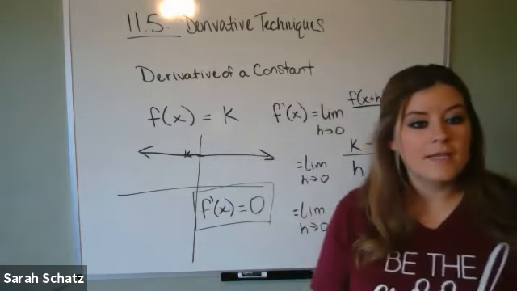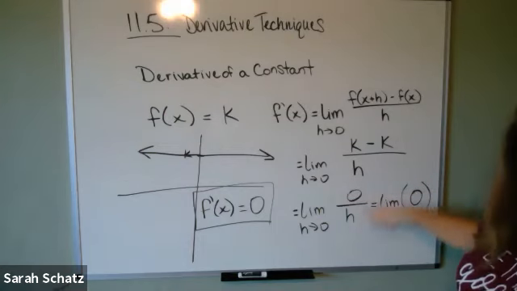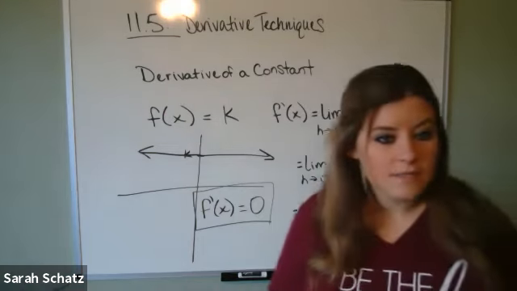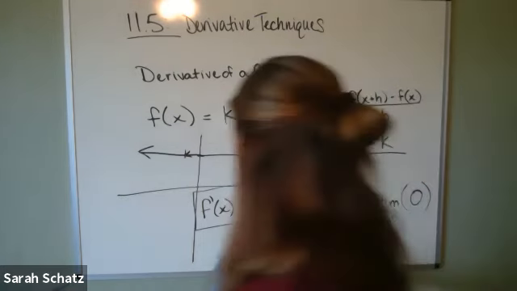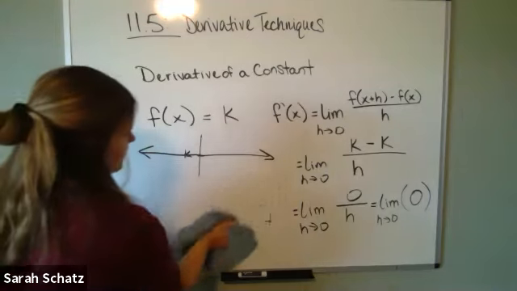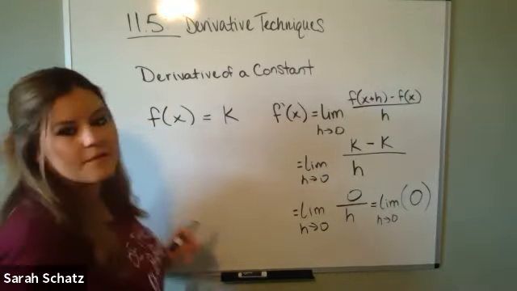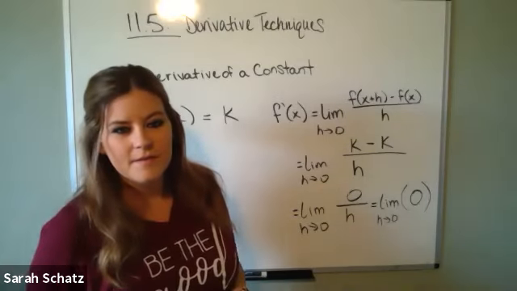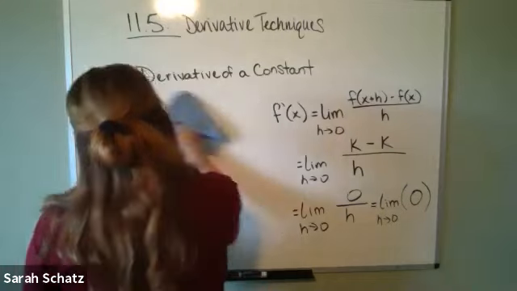So that's one technique that we can use instead of having to do the definition on a constant function. That's one thing that's going to save us some time. We don't deal in a lot of constant functions though, do we? I mean, we actually look at functions with x's in them.